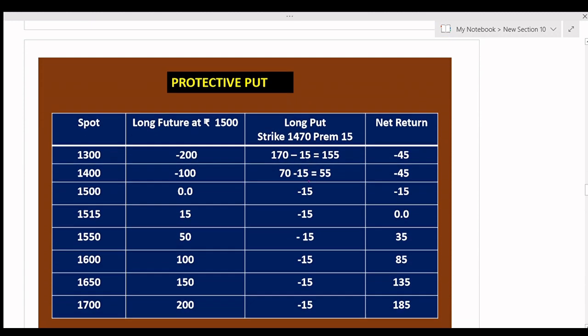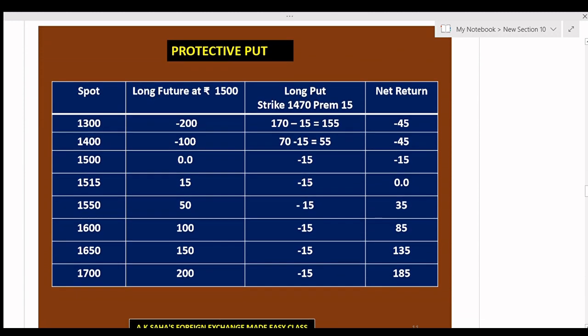Come to the table. Now the long future price here is 1500 and the long put strike price is 1470, premium paid is 15. So here the put option is up to the strike price from the lower side.